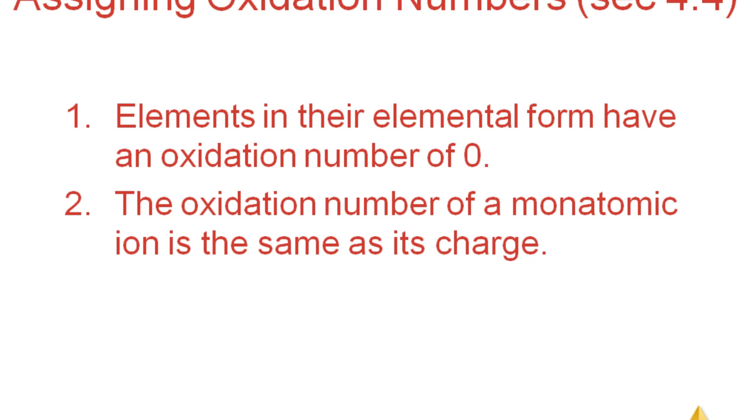Now group 2, they always have +2, and aluminum is +3. Here it says, in writing the oxidation numbers, we will write the sign before the number to distinguish them from the actual electric charges. The charges we will write number first and then the sign. Okay, so that is the notation. Now rule number 3, which is for non-metals.